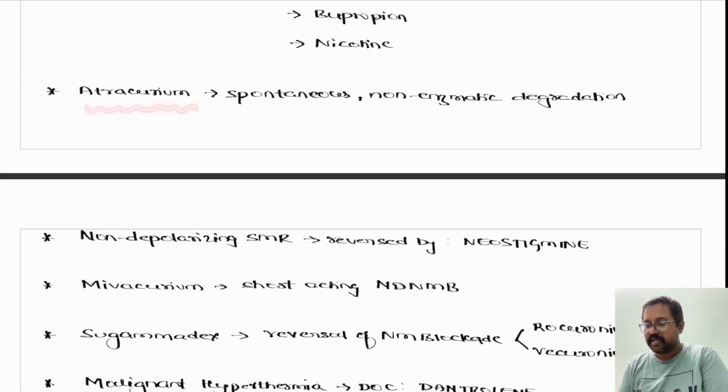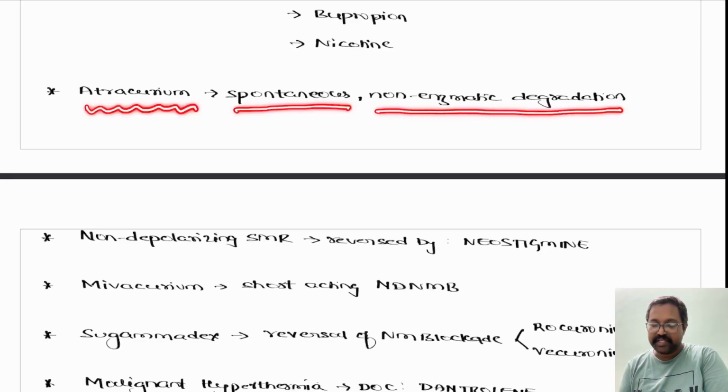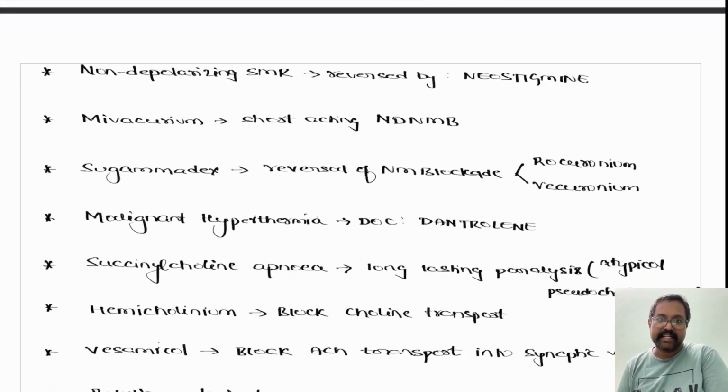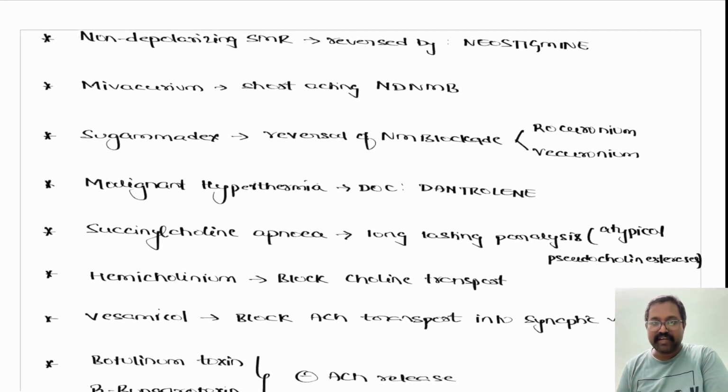Atracurium and cisatracurium undergo spontaneous or non-enzymatic degradation, also called Hofmann elimination. Hofmann elimination is associated with atracurium and cisatracurium. The actions of non-depolarizing skeletal muscle relaxants such as d-tubocurarine can be reversed by neostigmine, which is an anticholinesterase.